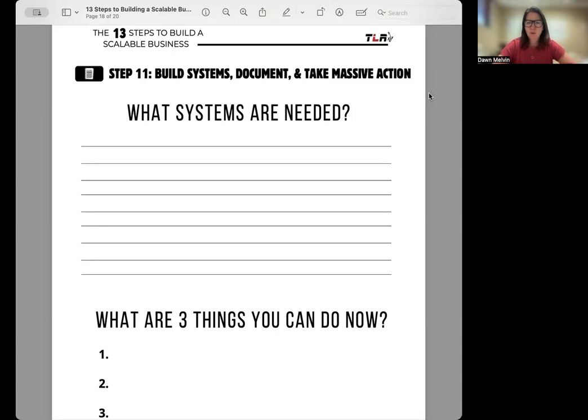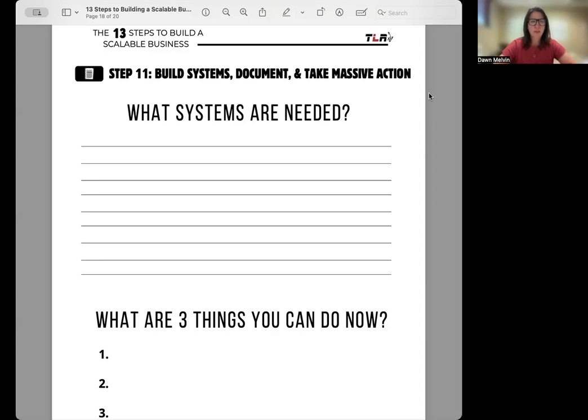If you remember, in a few earlier steps we talked about putting our processes in place, and we would talk about the systems at a later time. Well, this is where we talk about our systems. And by definition, we're not necessarily talking about a piece of technology.